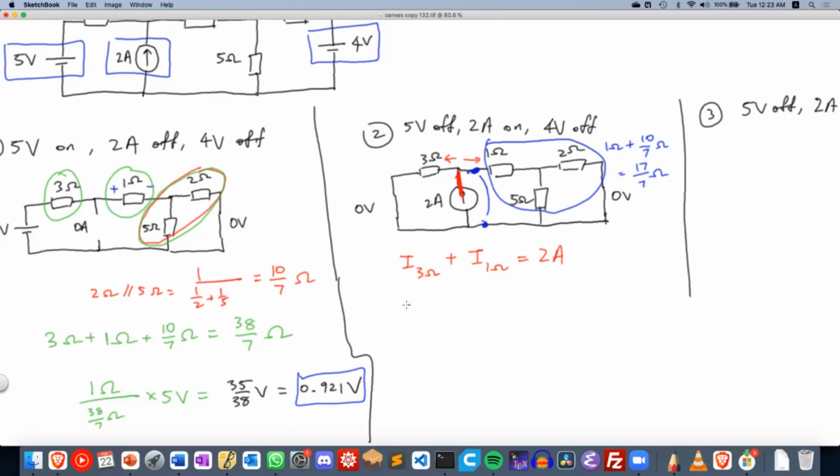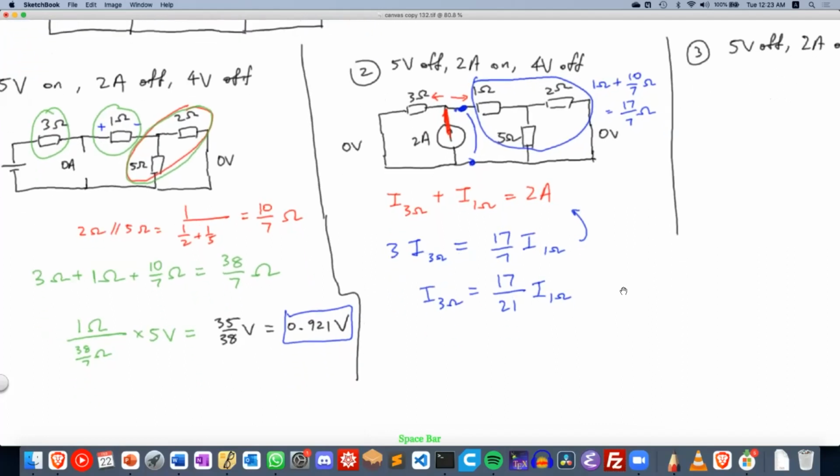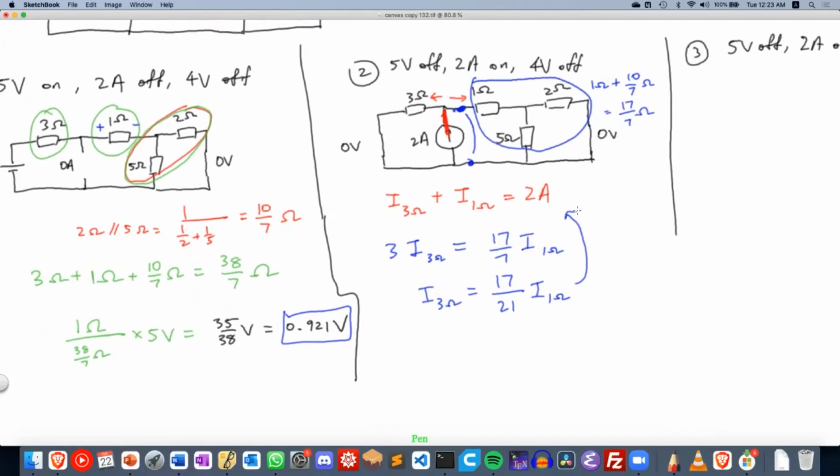So 3 ohm times I across the 3 ohm equals 17 over 7 times the current across the 1 ohm. Let's make the current through the 3 ohm the subject of the formula. Solving, we get 17 over 21 I of 1 ohm.